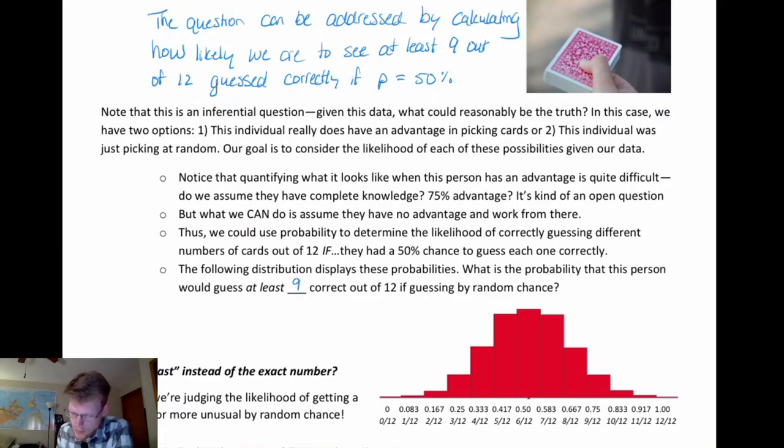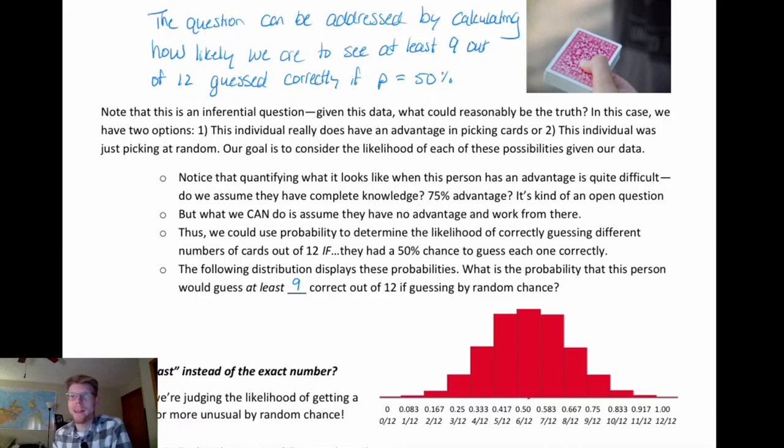Now in this case, what I do want to clarify is that we're not just interested in the probability of guessing exactly 9, because we have to think big picture about what's going on here. Really what we're interested in is how often we do this well or better, how often we are this far or farther away from this null hypothesized parameter of 50%.